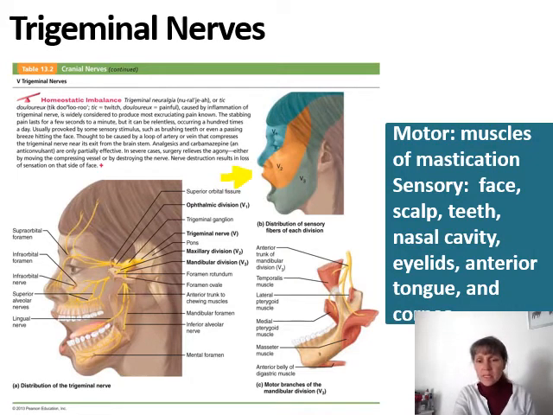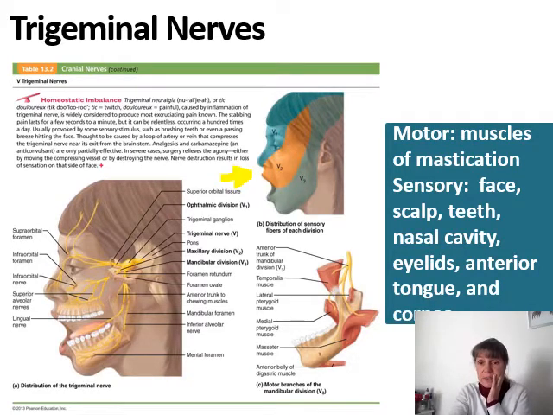And again, motor to muscles of mastication. Remember, muscles of mastication include the medial and lateral pterygoids, the temporalis, and the masseter. And it's sensory for pretty much your entire face, your nasal cavity, and tongue except for taste.